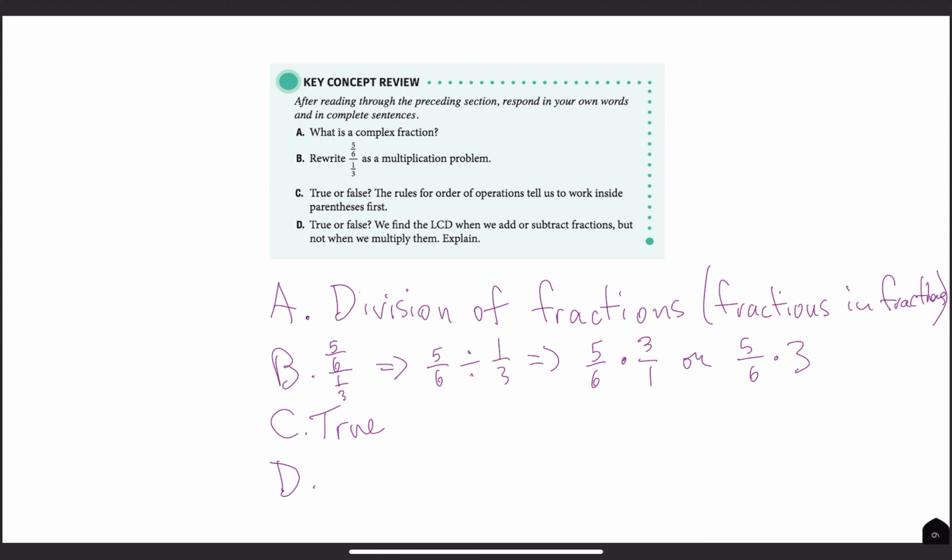Okay, true or false? We find the LCD, the lowest or least common denominator, when we add or subtract fractions, but not when we multiply them. Explain. So that is true.